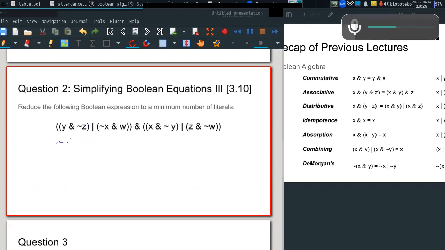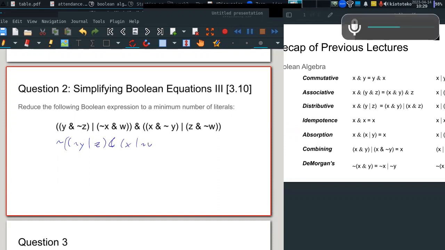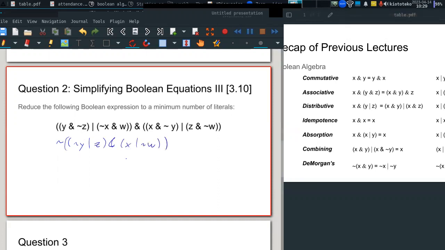Then you have 3 and, Y or C, and X or something like this.